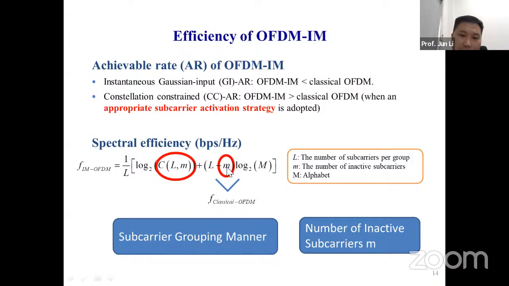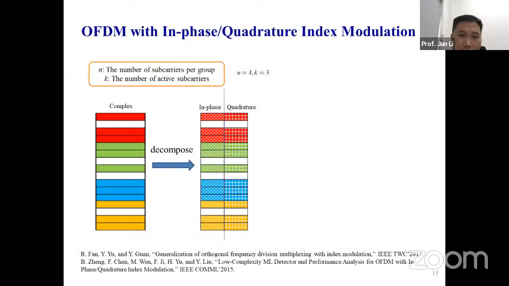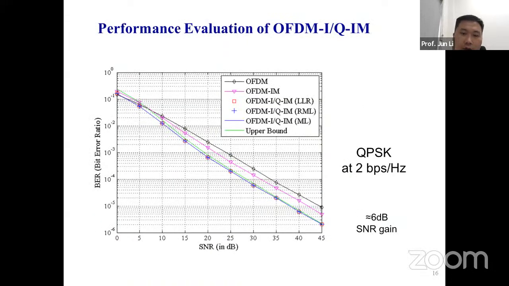If M is 0, then it is the conventional OFDM scheme. But if M is greater than 0, the spectral efficiency of IM is always less than the classic OFDM. So what is the benefit of the OFDM IM? I will first show you the simulation results.